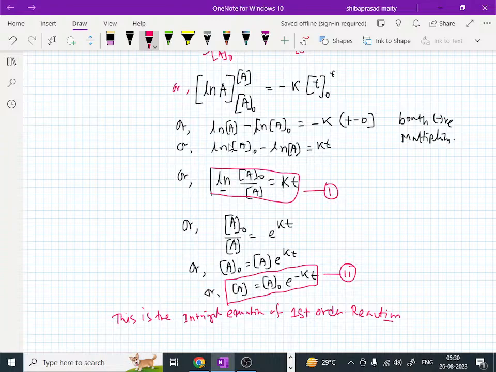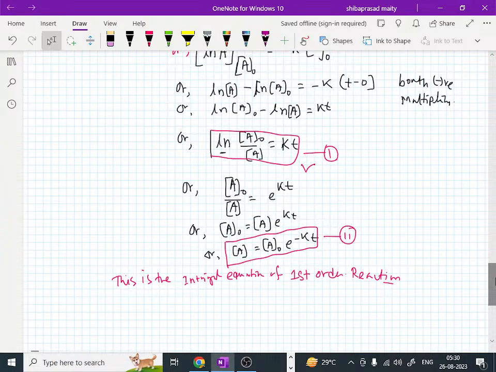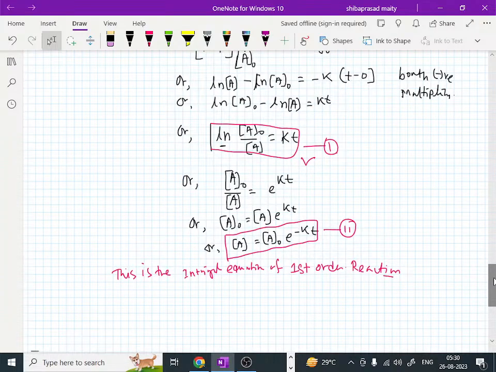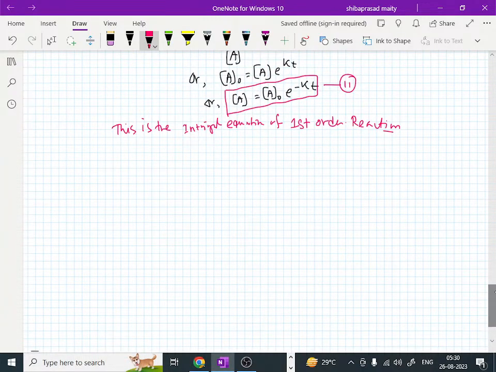These equations are used all the time, so remember them also. Now we have to find or calculate the half-life time.